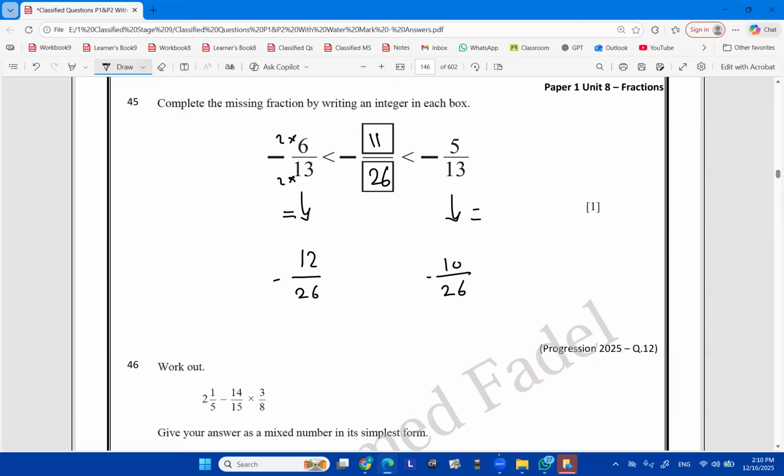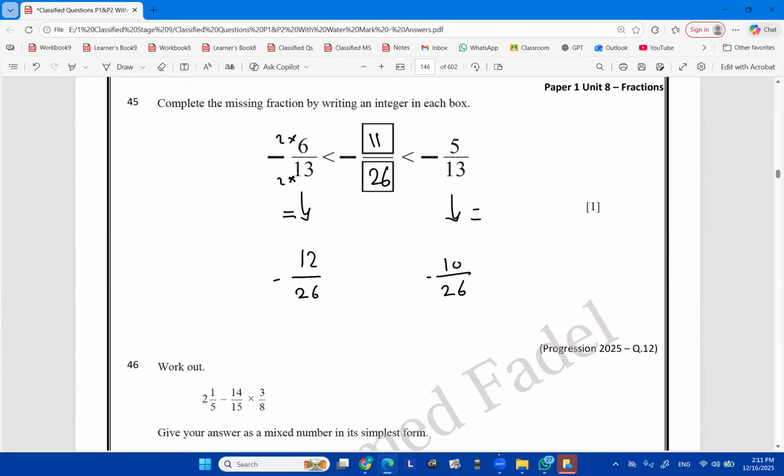If I wanted more numbers in between, you could have multiplied this by 3 and this by 3. That will create a bigger gap in between. You could multiply this by 10 and this by 10. That will create an even bigger gap between the two fractions. And we're still talking about equivalent fractions.